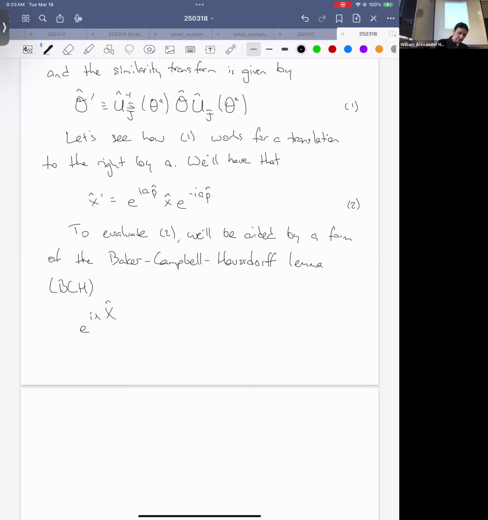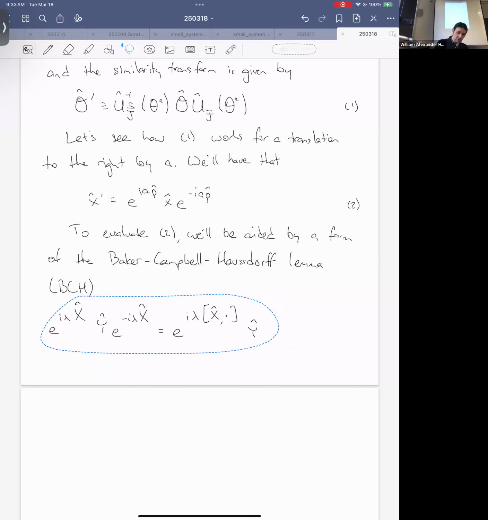So if I have some e to the I lambda x operator, y operator, e to the minus I lambda x operator, this is e to the I lambda commutator operator x with an open slot acting on the y operator. So this right-hand side is a rather nifty shorthand, which I will define here. So it's the Taylor expansion of the exponential.